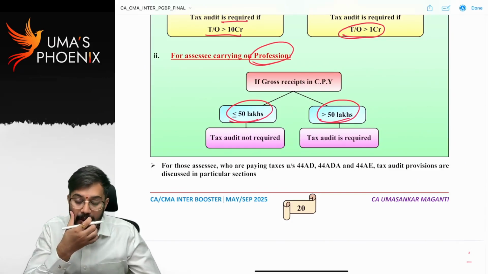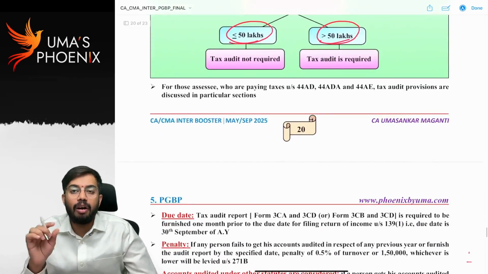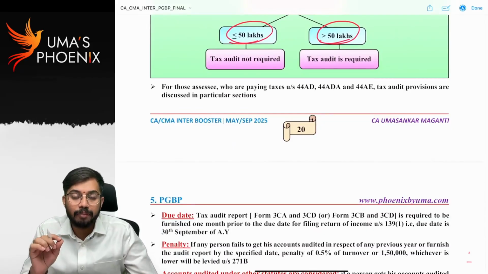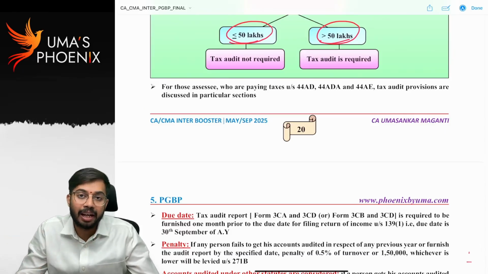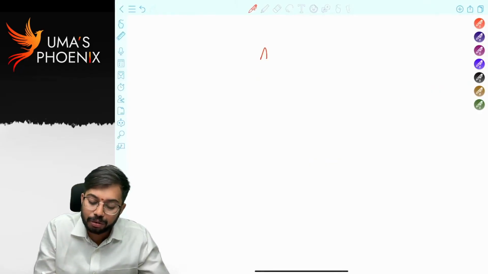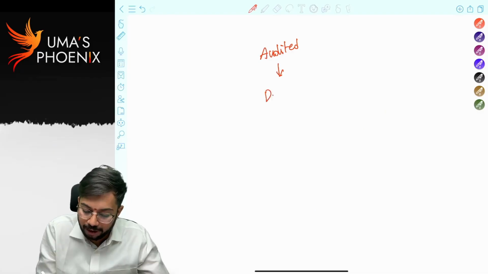See, once books of accounts are audited, audit report is required to be submitted 1 month before the due date for filing ITR under section 139(1). Generally, those who are required to get audited, for them, what is due date for filing ITR?